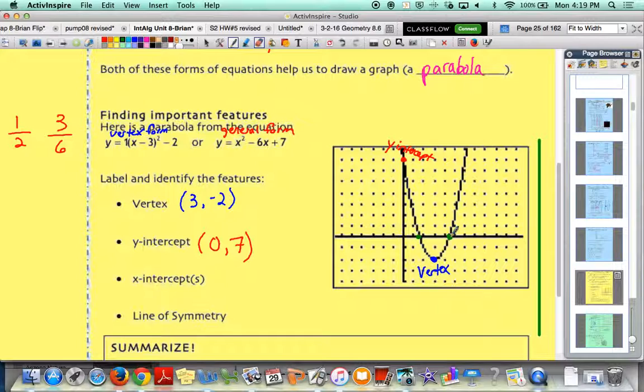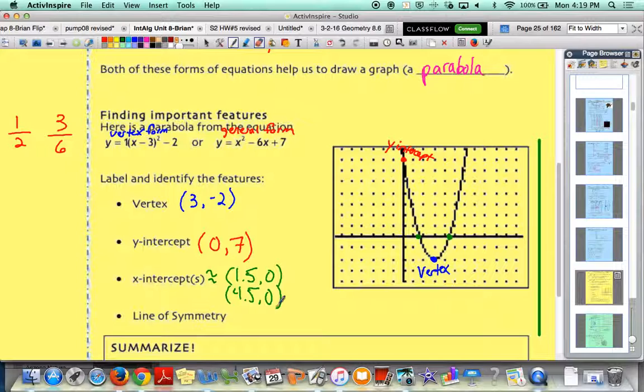Now, those x-intercepts are a little bit hard to identify with the exact coordinates. You'll notice that this x value is between 1 and 2, and this x value, let's see, is between 4 and 5. So I suppose we could approximate the x-intercepts for right now as approximately 1.50 and approximately 4.50.